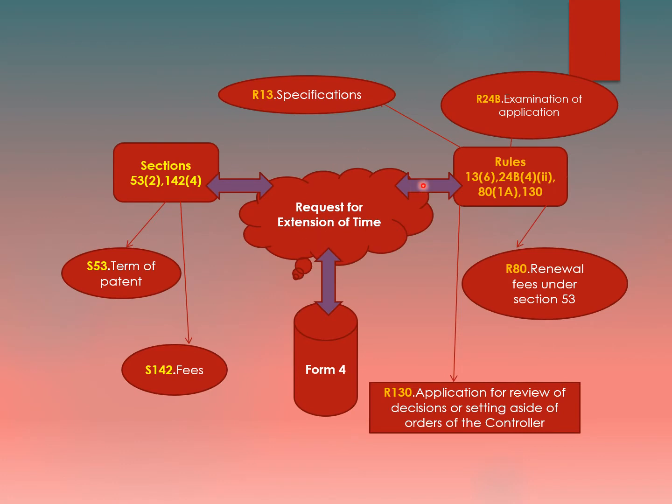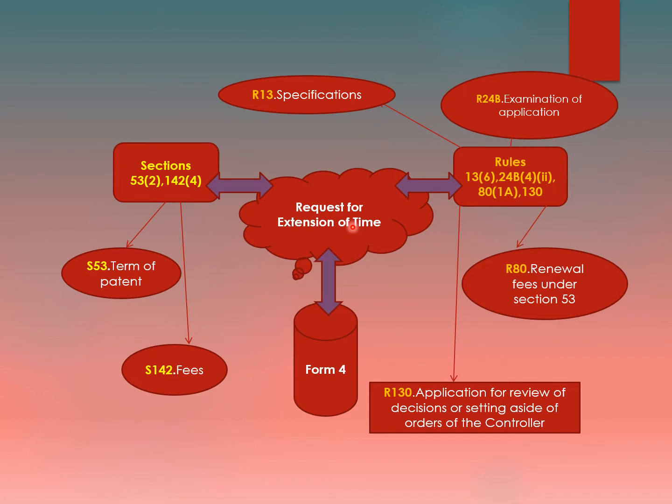Okay, and this old slide is again given just to refresh our memory. Form 4 is request for extension of time. The related sections are 53 and 142, where section 53 is term of patent and section 142 is about fees.